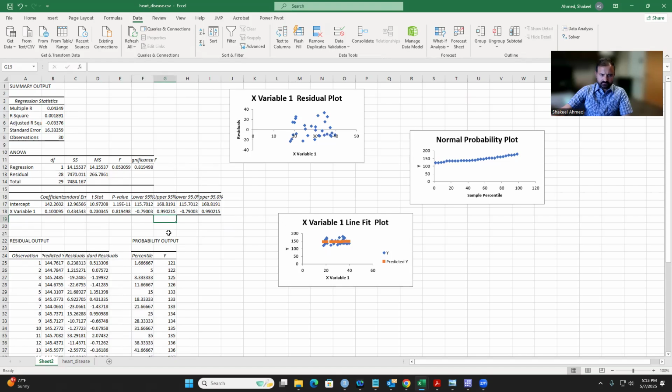It means the confidence interval contains the hypothesized value, that is zero. So there is no significant effect of the body mass index on blood pressure of an individual.